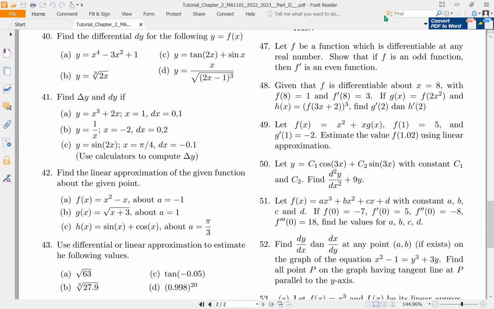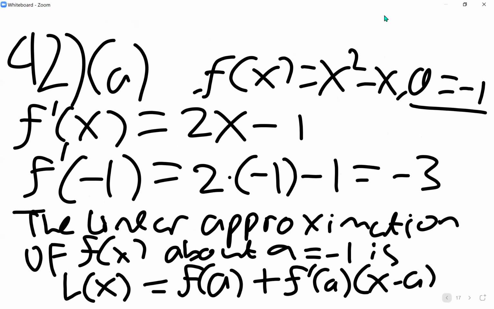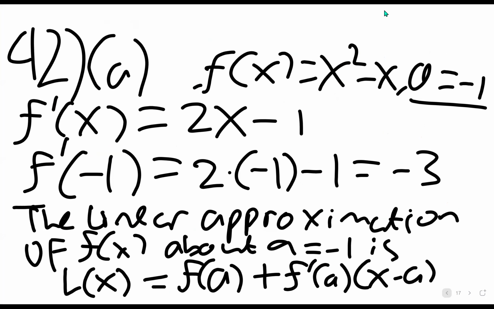In principle, the formula for the linear approximation of the function f about a certain point a is given as L of x equals f of a plus f prime of a multiplied by x minus a.